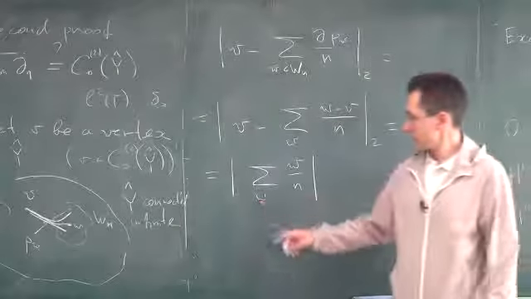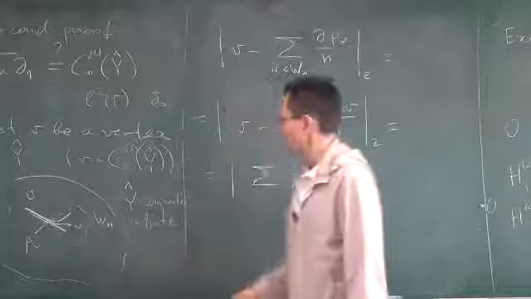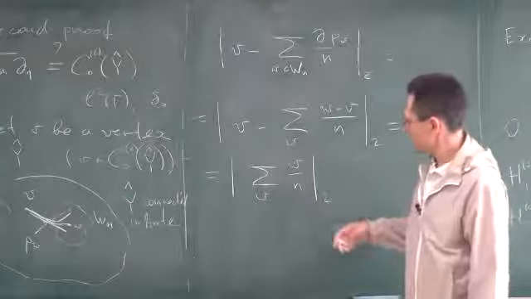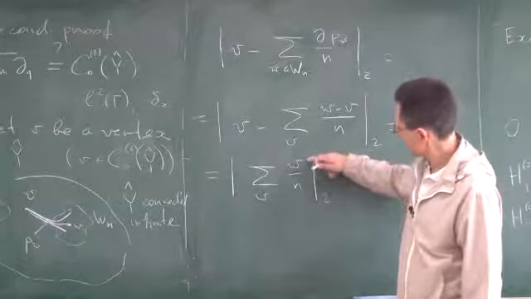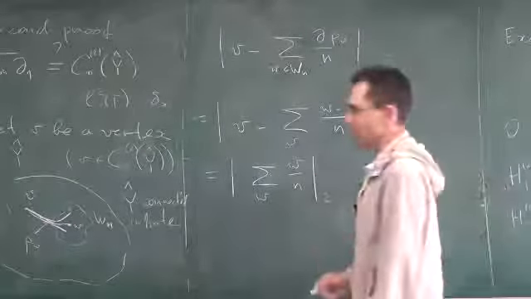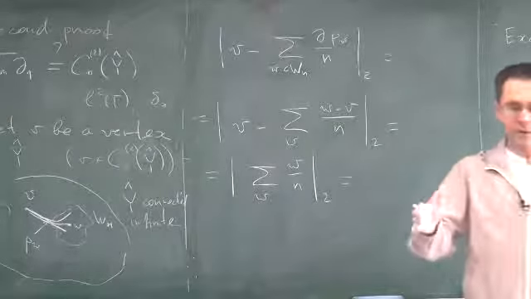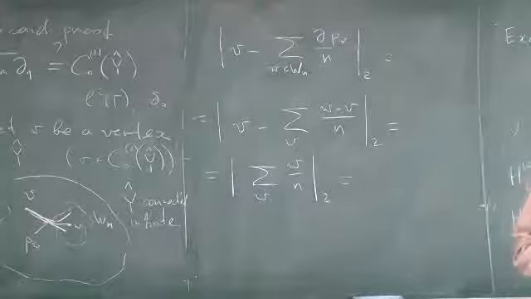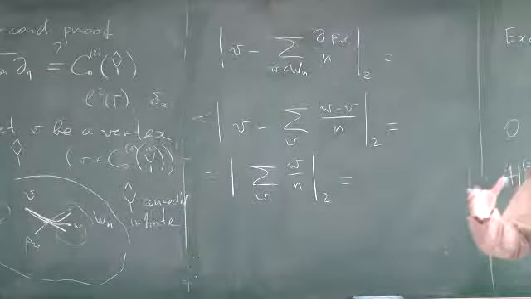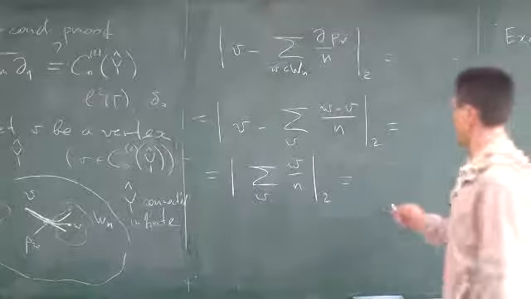So W runs through a finite set of cardinality n. And for each vertex in this set, this W comes with the coefficient 1 over n. So it's a uniform distribution, a function that takes the same value, 1 over n, on a finite set of cardinality n. What's the L2 norm of that?